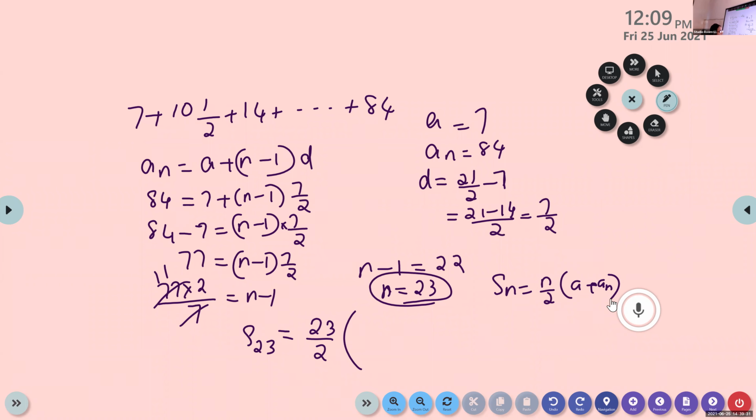Both ways you can find, either Sn equal to n by 2 into 2a plus n minus 1 into d, or this formula also, because the last term is given here. So we can choose Sn equal to n by 2 into a plus an. a is 7, an is 84. So this is equal to 23 into 91 by 2.